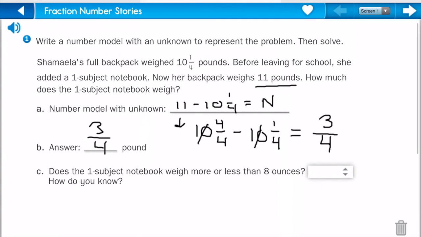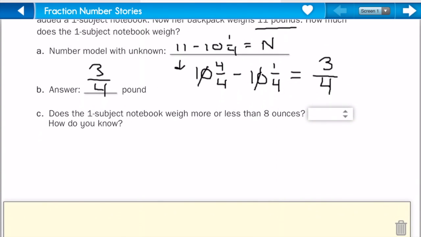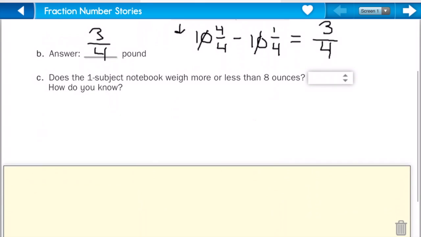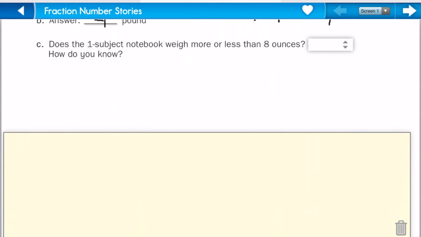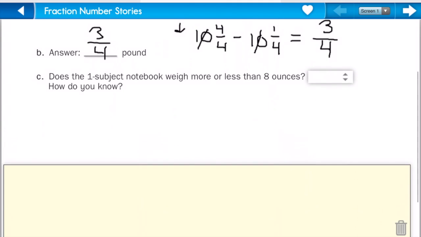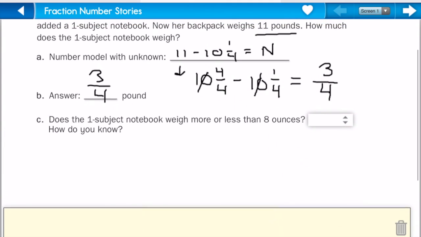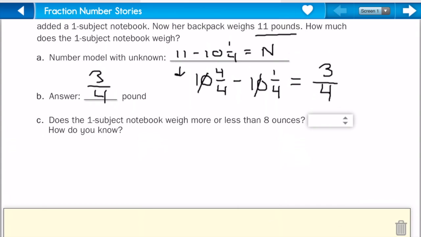So now we're thinking, does the one subject notebook weigh more or less than 8 ounces? So first we need to figure out how many ounces are in a pound. So I know that there are 16 ounces in a pound.